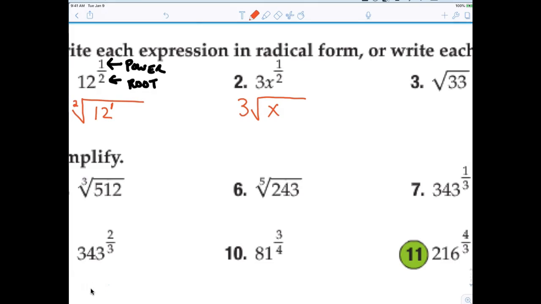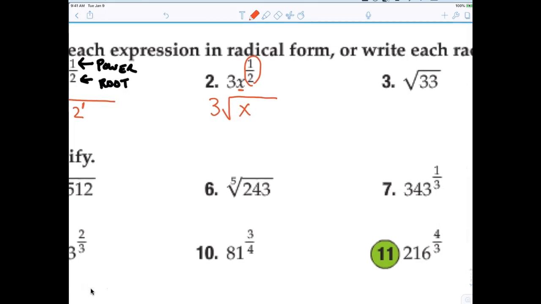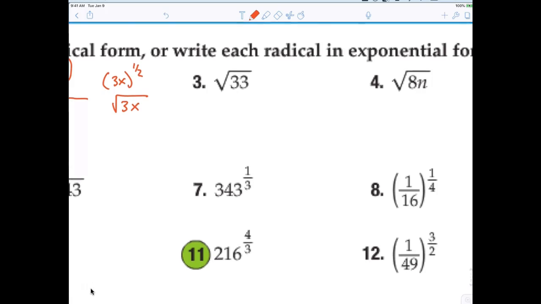Because only the x is being raised to the 1/2 power. Does everybody hear me? If I did 3x to the 1/2, that would be the square root of 3x. Everybody okay with that? Any questions?